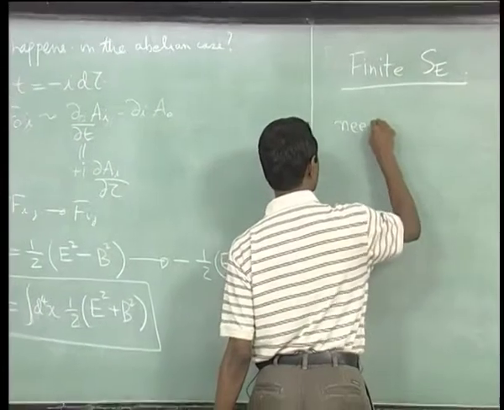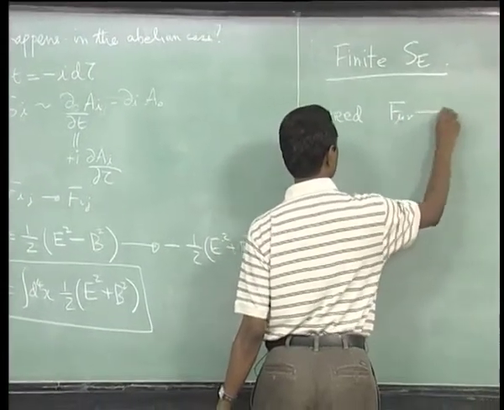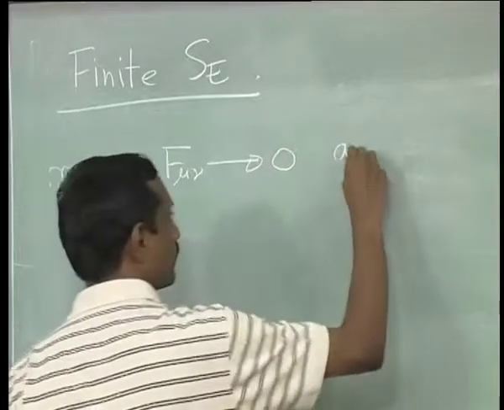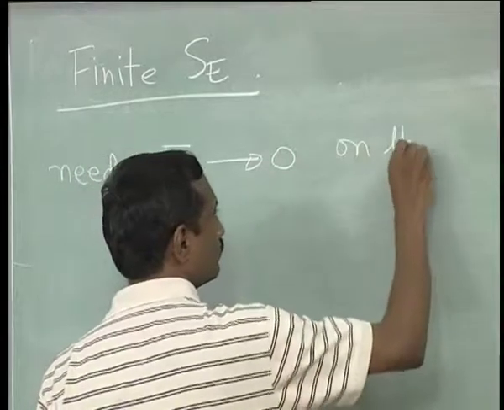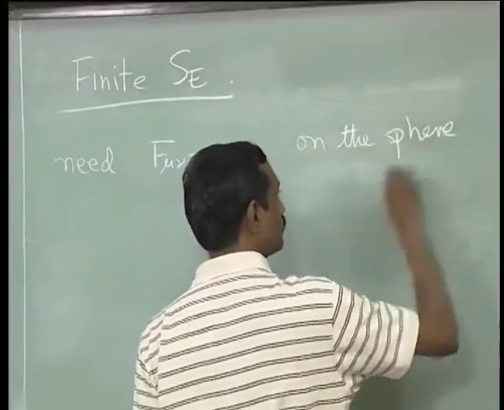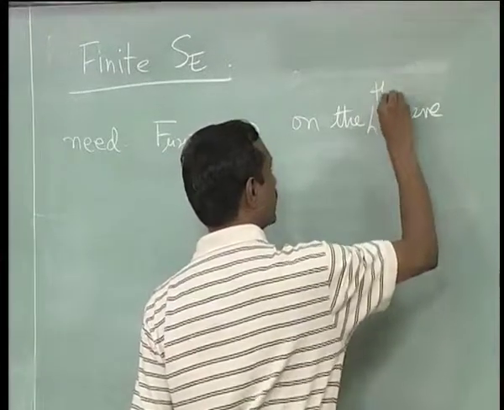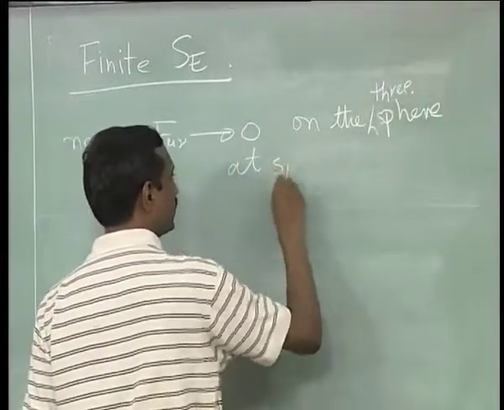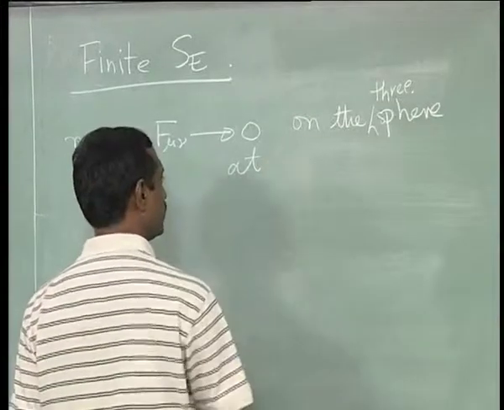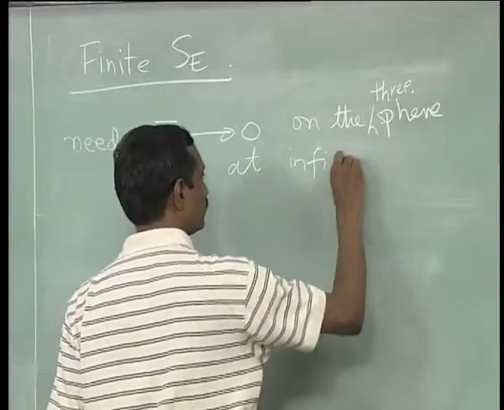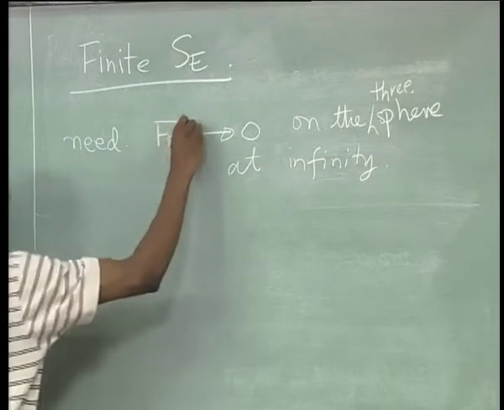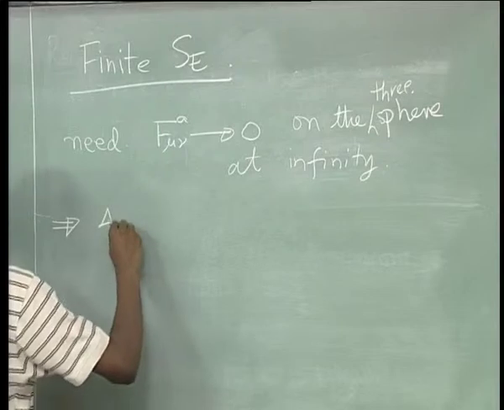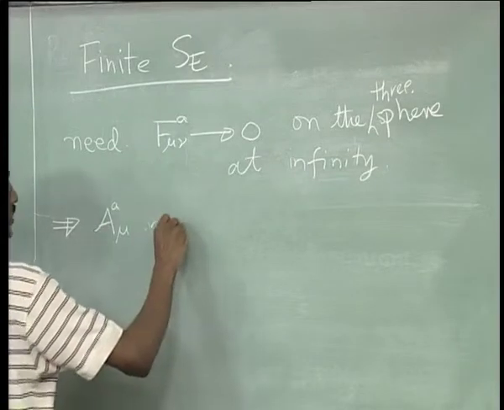The point here is that you need F mu nu to go to 0 on the 3-sphere at spatial infinity. We saw that this implies that A mu must be pure gauge.